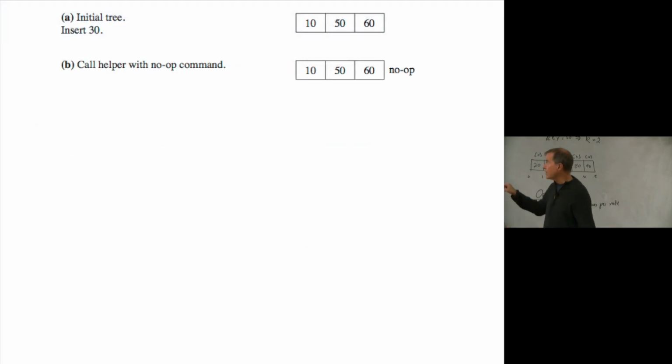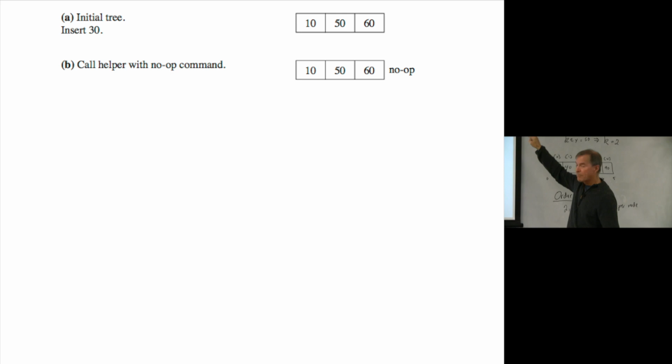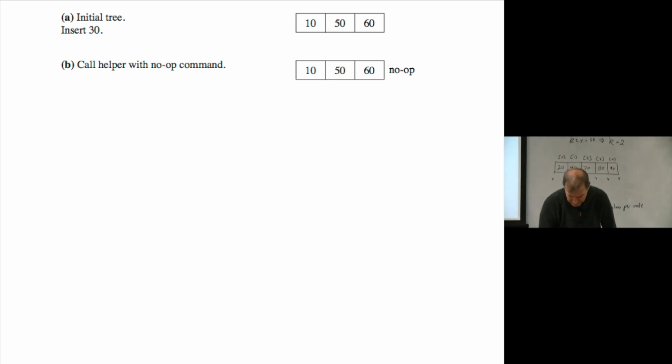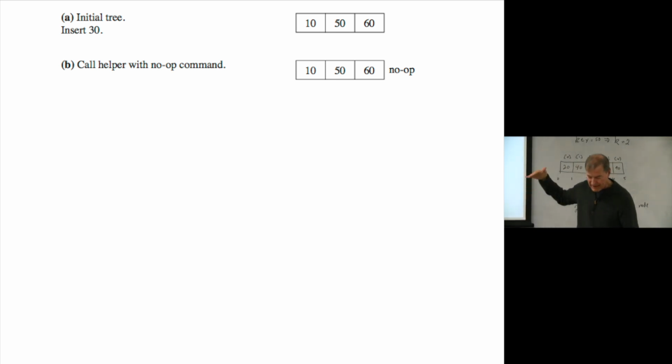What I've done here in part B of the figure is put a little indication, no-op. Does everybody see? No-op is the value of the command parameter that gets passed to the helper.